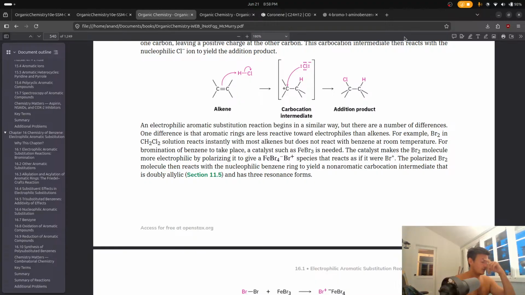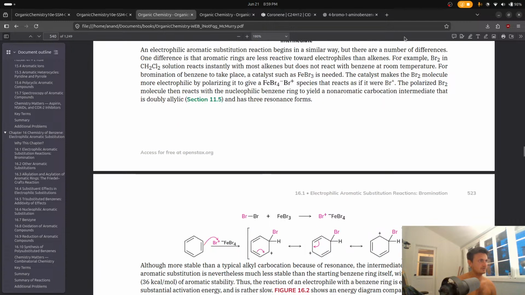The polarized bromine molecule then reacts with the nucleophilic benzene ring to yield a non-aromatic carbocation intermediate that is doubly allylic and has 3 resonance forms.